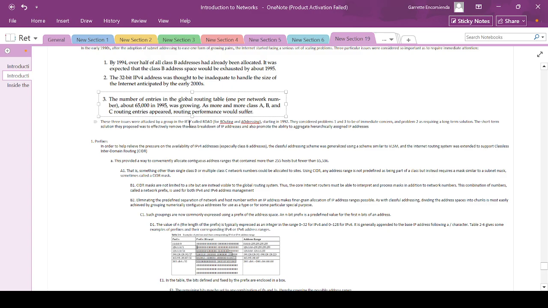The number of entries in the global routing table, one per network number, about 65,000 in 1995, was growing. We're going to solve this routing table problem via aggregation and a special tree structure.